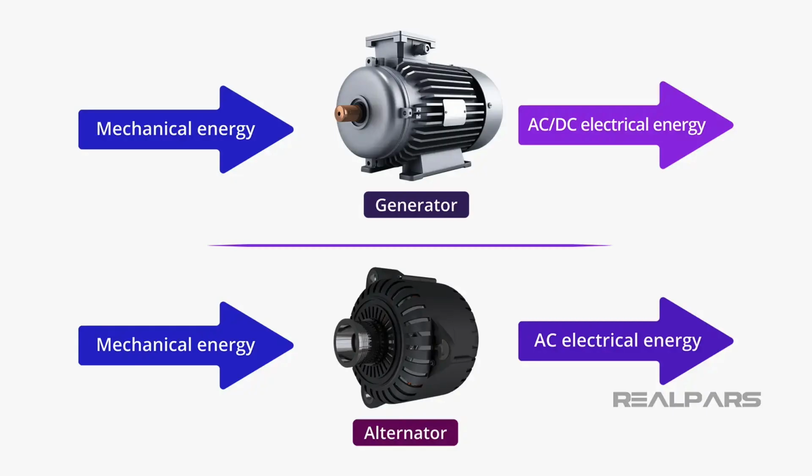Let us see now the working principle of the alternator. An alternator operates on the same fundamental principle of electromagnetic induction as a DC generator, that is, when the flux linking a conductor changes, an EMF is induced in the conductor. Like a DC generator, an alternator also has an armature winding and a field winding, but there is one very important difference between the two.